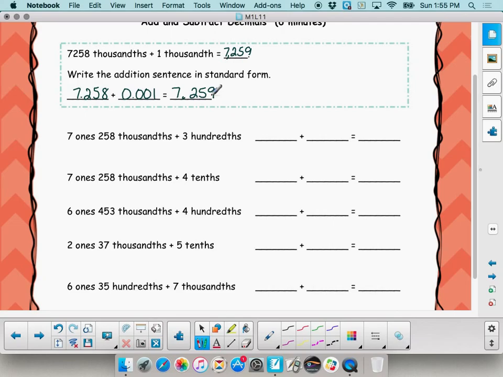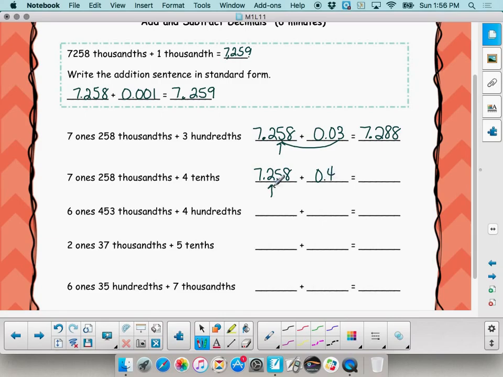Okay, the next problem, 7 ones and 258 thousandths plus 3 hundredths. So I will add a 3 to the hundredths place. So it will be 7, 2, 5 plus 3 is 8, and then the last 8 remains the same. 7 ones and 258 thousandths plus 4 tenths.